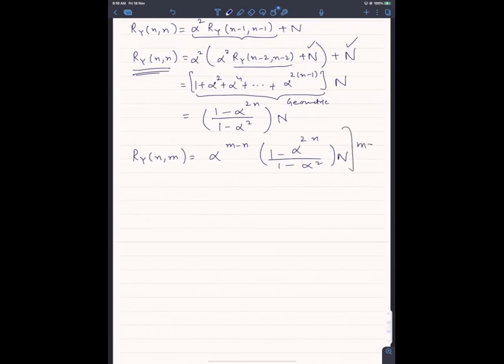This is for m greater than n. If m is greater than n. If m becomes smaller, then n will come in place of m, and m will come in place of n.